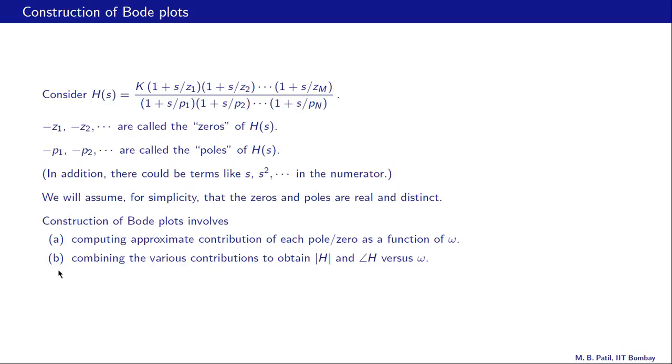And B. Combining the various contributions to obtain |H| and angle of H versus ω. So once we know the individual contributions, we then combine all of those contributions to obtain the net |H| and angle H versus ω plot. Let us take some examples and see how this can be done.